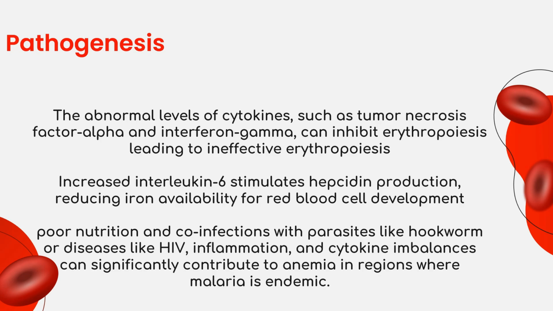Moreover, factors such as poor nutrition and co-infections with parasites like hookworm or diseases like HIV, inflammation, and cytokine imbalances can significantly contribute to anemia in regions where malaria is endemic. These additional factors intricately intertwine, amplifying the complexities of battling malaria-induced anemia.